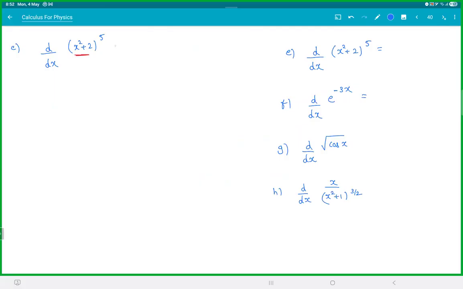So this is looking like x power n. So this is 5 into the function x square plus 2, whole power 5 minus 1, and then differentiate again, d by dx of whatever is inside.